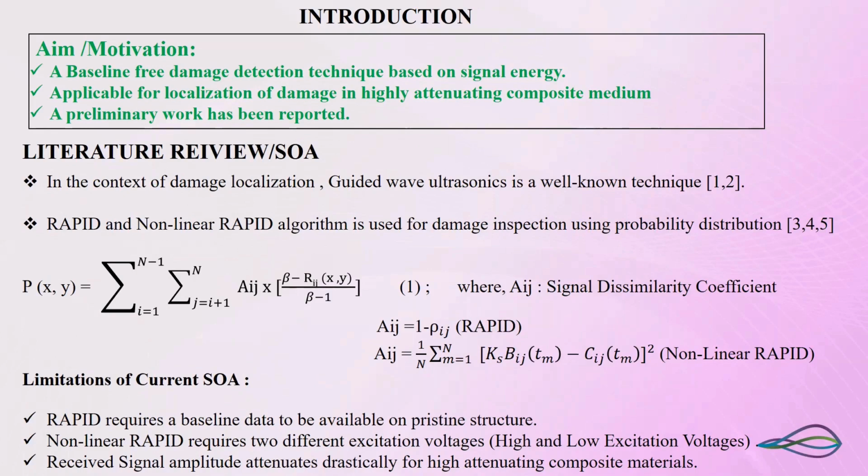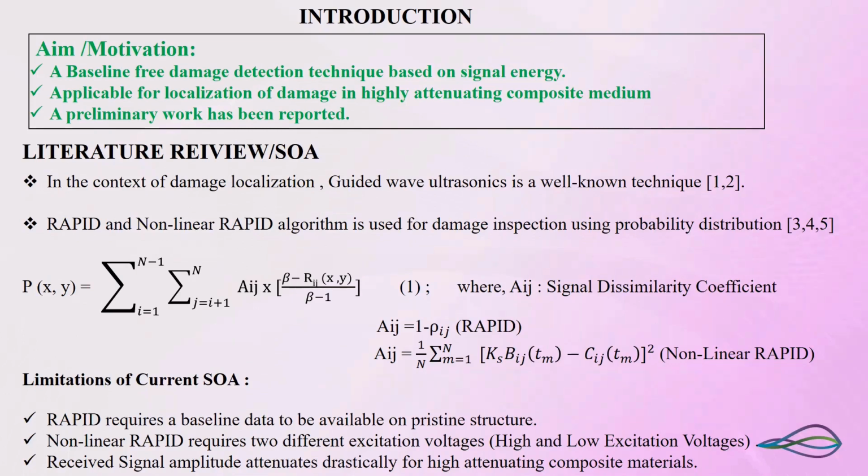In guided wave ultrasonics, we basically use two algorithms: one is RAPID and another is nonlinear RAPID. RAPID stands for Reconstruction Algorithm for Probabilistic Inspection of Defects. This algorithm has two parts, as shown by equation number 1.